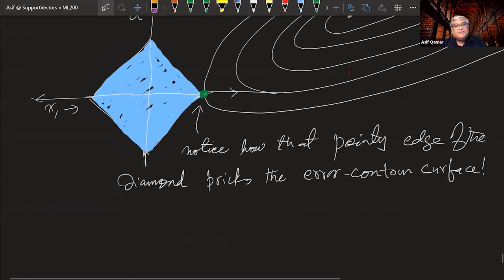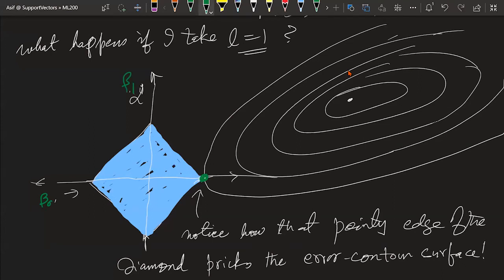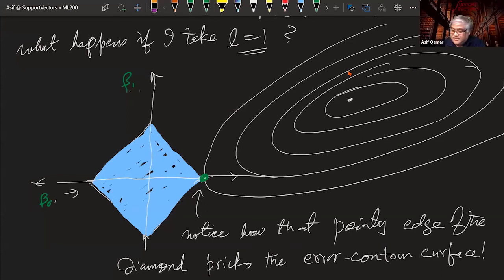And so what it means is, now what happens when it hits it? What is the value? By the way, this is not x1, x2, I apologize. Remember, we are in the parameter space. This is beta naught, beta 1 in this space. So what does it mean? At this point, what is beta 1? It is 1, 0, right? Yes, exactly.